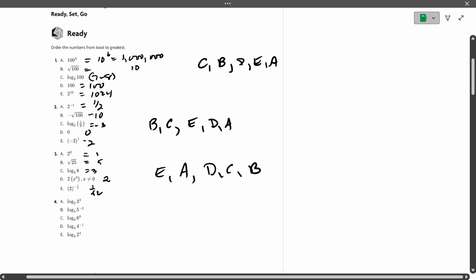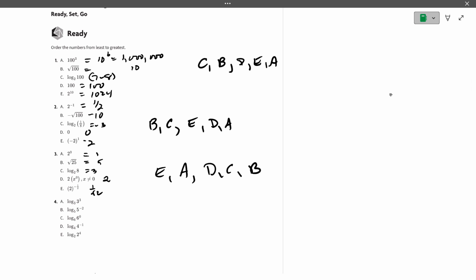Okay, number 4. Log of 3 in base 3 is... before I just do these here, let me make a mention off to the side. The log of a to the x power in base a is equal to x. The x can remove itself down here to the coefficient position.